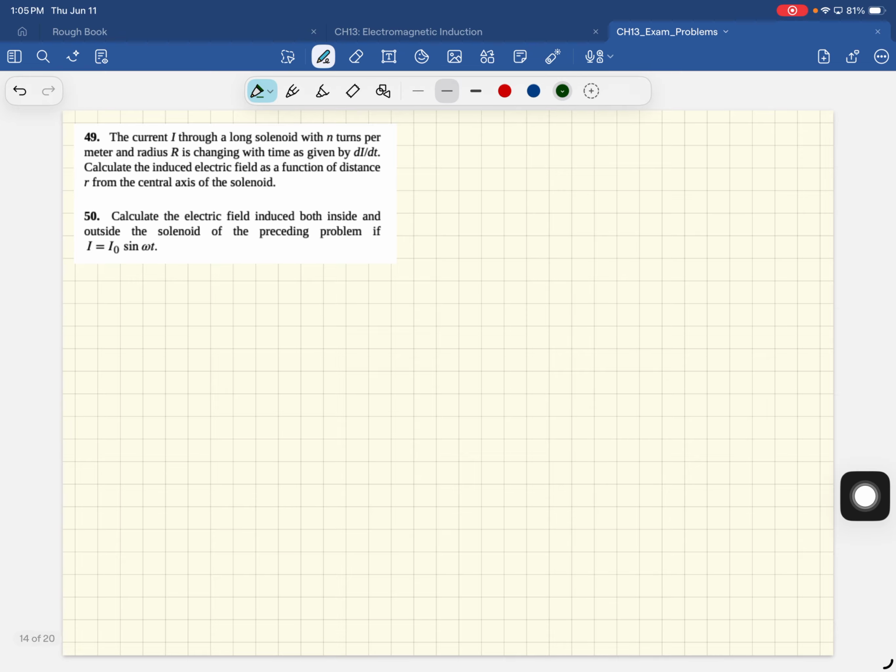So for r less than R, the electric field is given by mu naught n r over 2, and only I is changing with time, so di by dt.